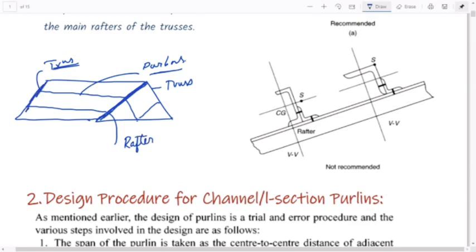Rafter, R-A-F-T-E-R. This is also a rafter. So you can see that the purlins are running from truss to truss, that is from one rafter to another. They are joining these two trusses, and these purlins are attached to the rafter of the truss.